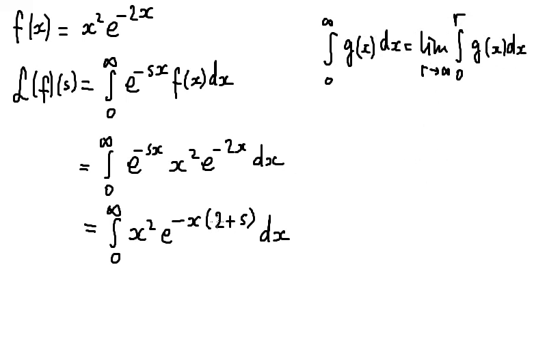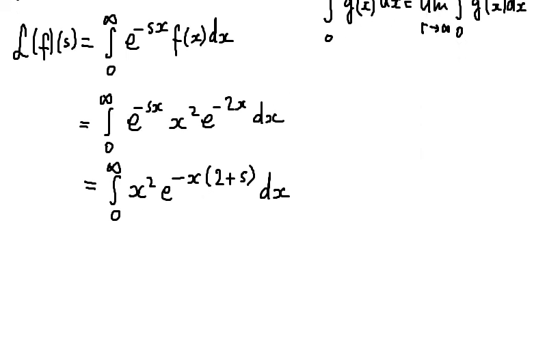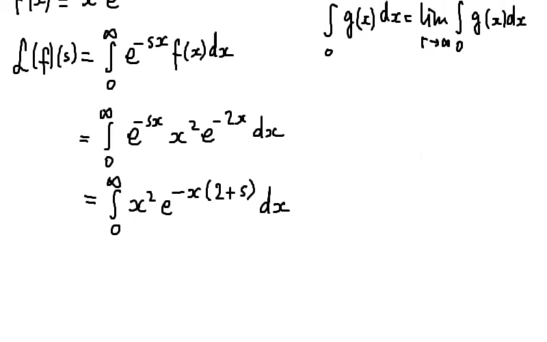And that's exactly what we want here, where this general definition allows us to write this one as the limit as r goes to infinity of the integral from 0 to r of x squared e to the power minus x times 2 plus s.